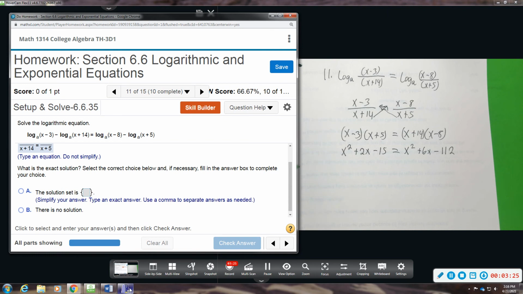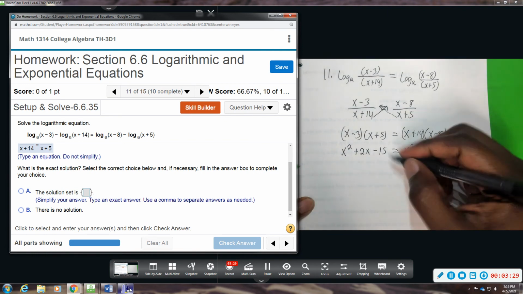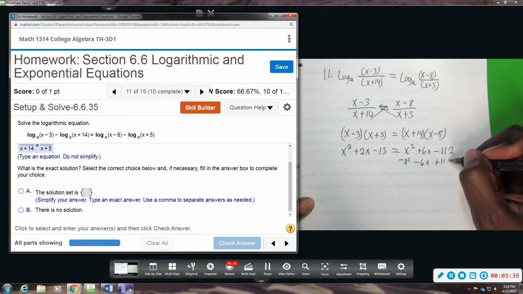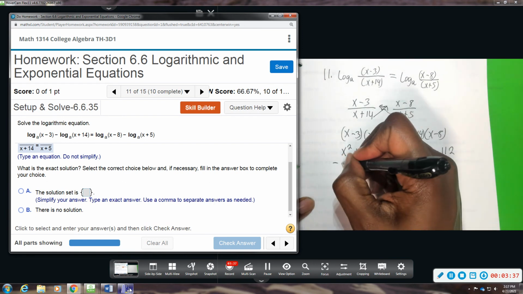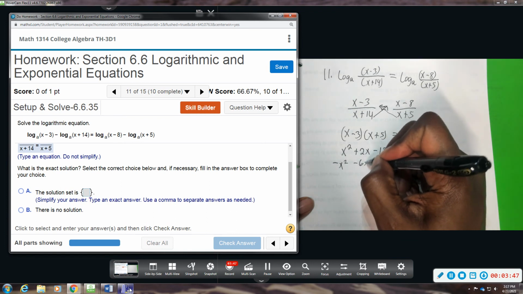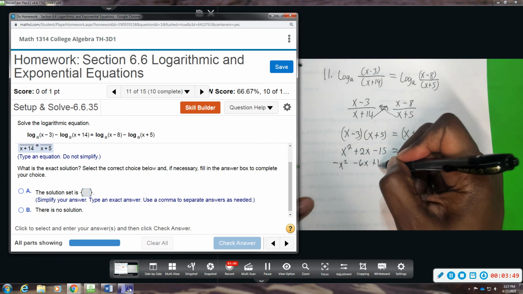All right, so once we do this, we're going to move everything to the left side. So I'm going to be subtracting x squared, subtracting 6x, and then adding 112. So subtracting x squared, I was thinking quadratic. I may not need to move everything, but we'll have to move something back. Minus 6x and then plus 112.